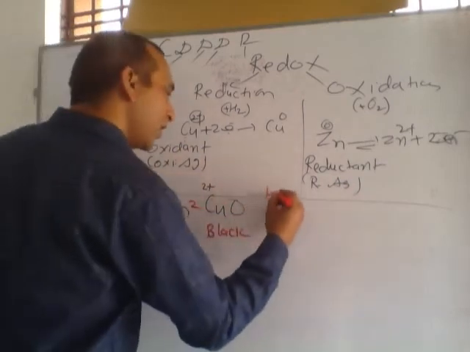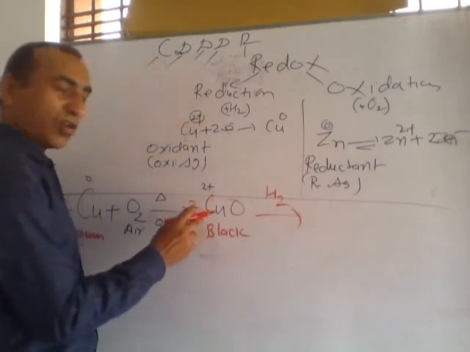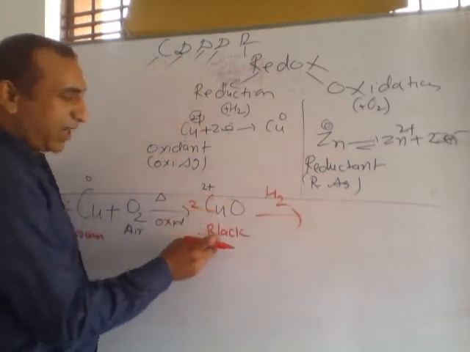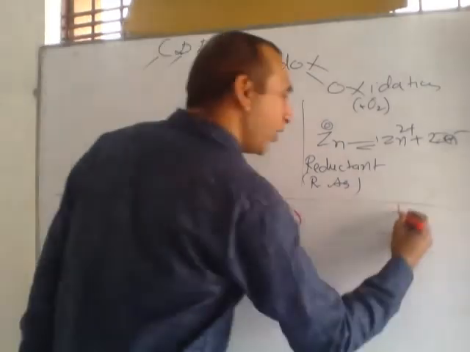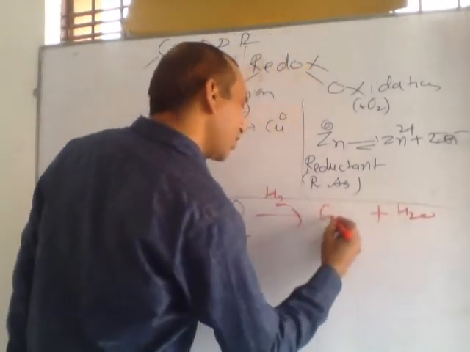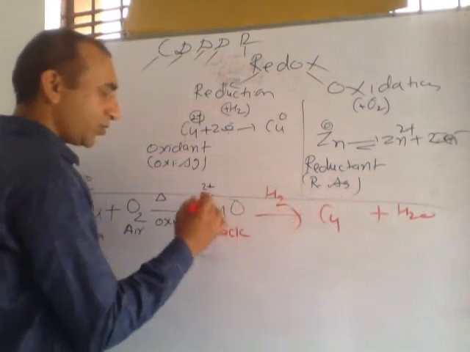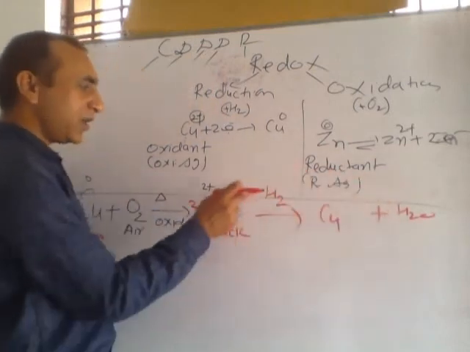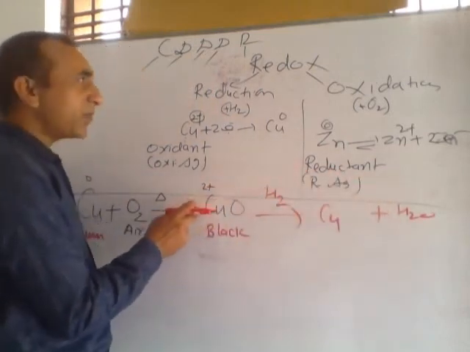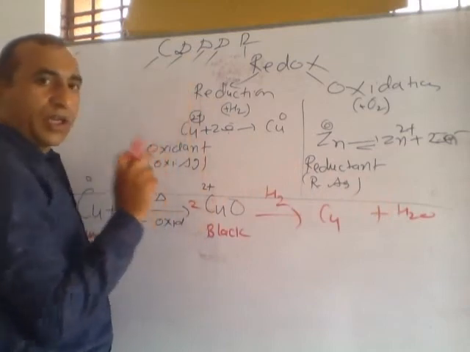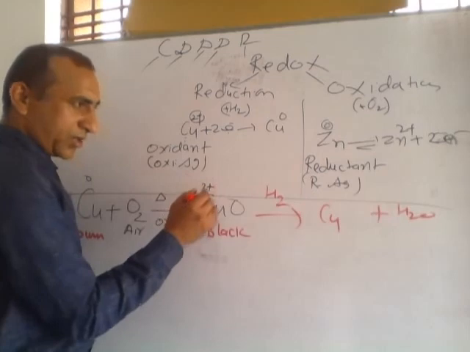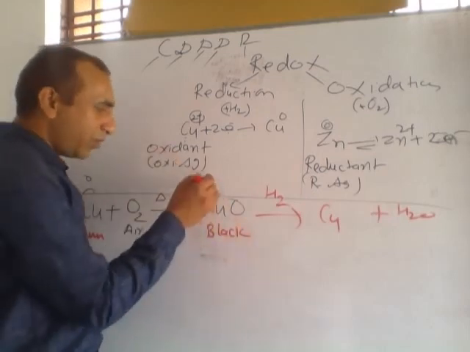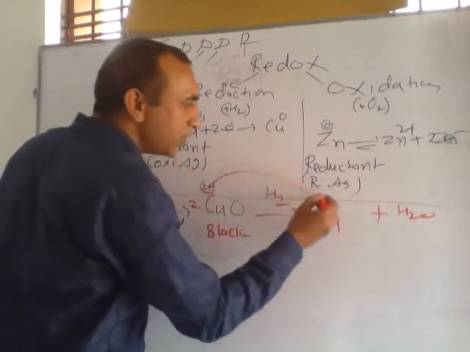If we pass hydrogen gas on the surface of this black color cupric oxide, it absorbs oxygen, forms water, and copper remains the same. So what happened in this reaction? In this reaction, hydrogen is adding. So the reaction is called reduction. In electronic definition, you can say the valency of copper is decreasing from plus 2, it becomes 0.